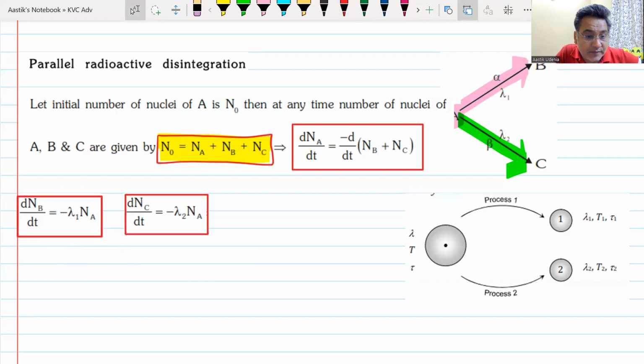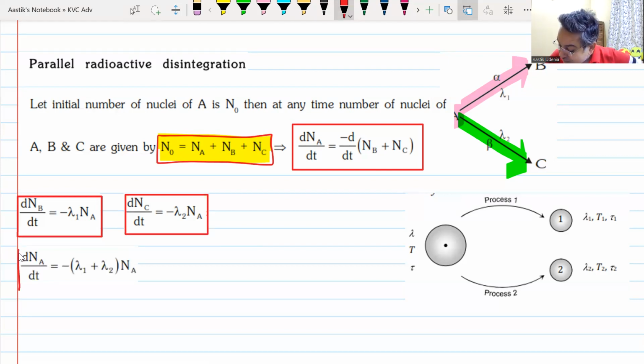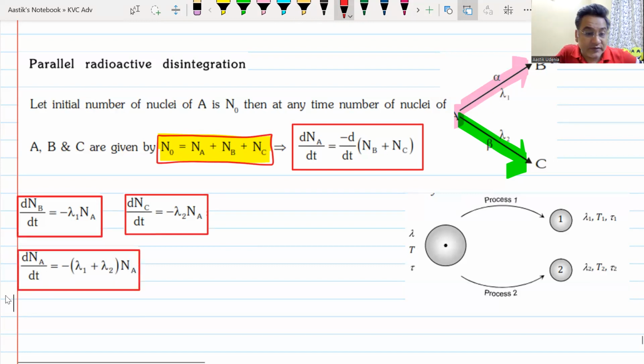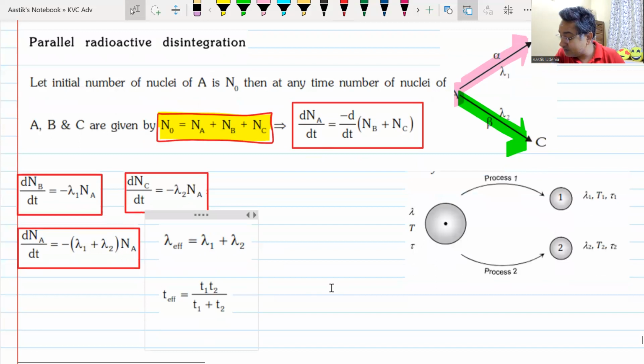From here, you would be able to derive this very important and very simple result, that the rate of decay of A can be written as minus lambda 1 plus lambda 2 times Na. For this process the effective lambda can be written as lambda 1 plus lambda 2, and the effective half-life can be written as T1 T2 upon T1 plus T2. Do we understand this?